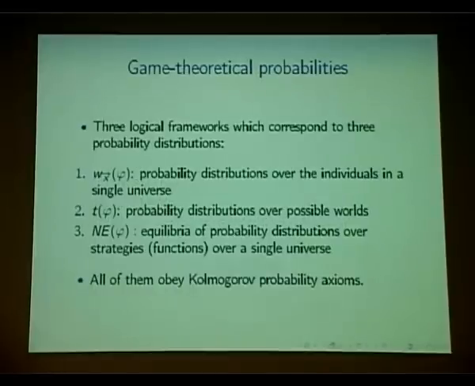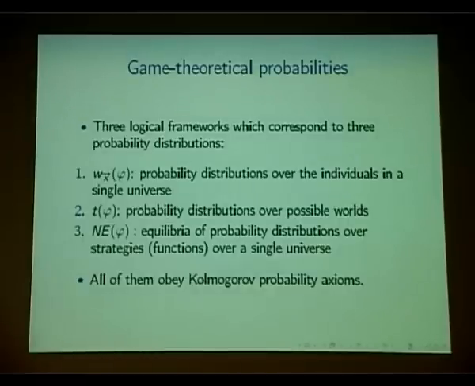What must have been pointed out in the literature somehow is that we have a third interpretation of probabilities. I just very quickly mentioned three logical formalisms, which correspond to three conceptions of probability.